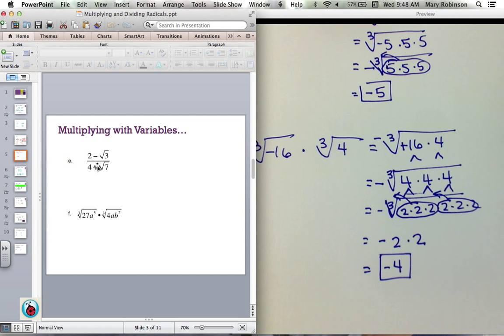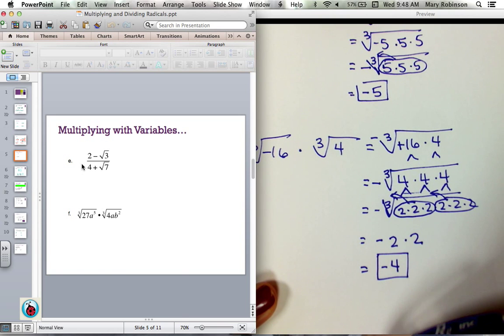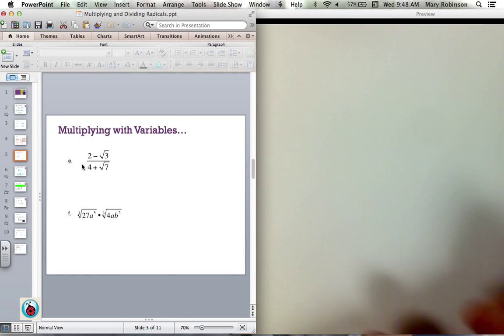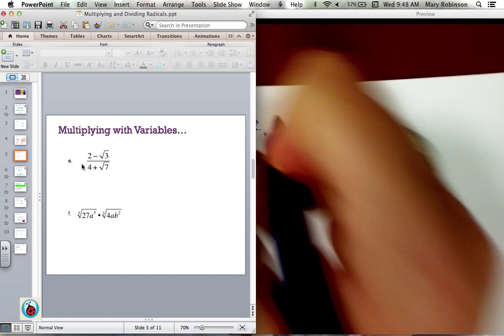Let's see. Next, I want to skip over E. I meant to put that on a different slide, and we'll go ahead and do problem F. So I want to take a look at doing one with variables.